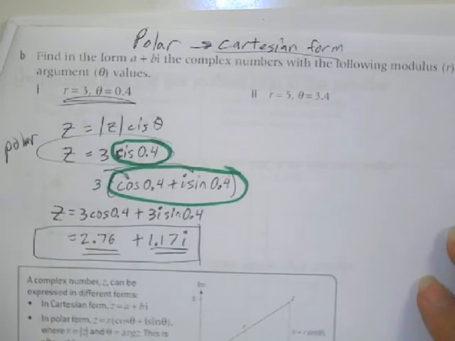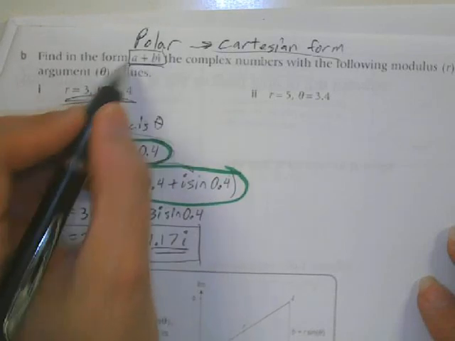Okay, so the form A plus BI is Cartesian form.